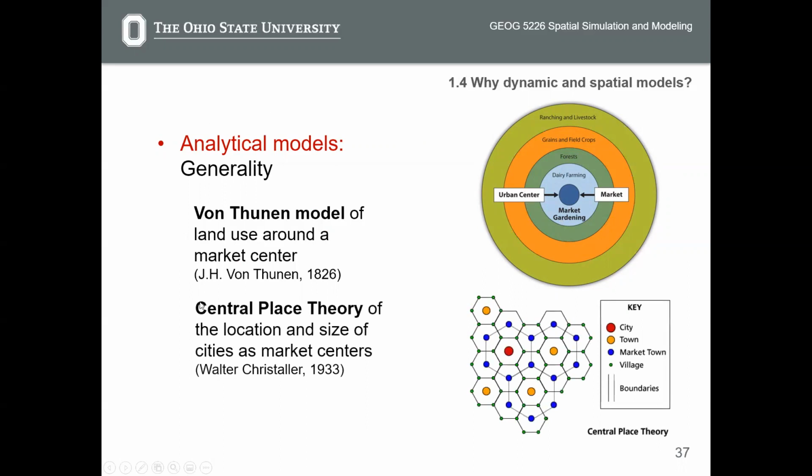Another analytical model here is central place theory of the location and size of cities as market centers. In this model, we can say it's still very general. There is no specific shape for a city, for a town, or for a market town. Each specific geographic entity here is represented by a hexagon. And again, this model can be applied to any location around the world with cities, towns, and market towns.